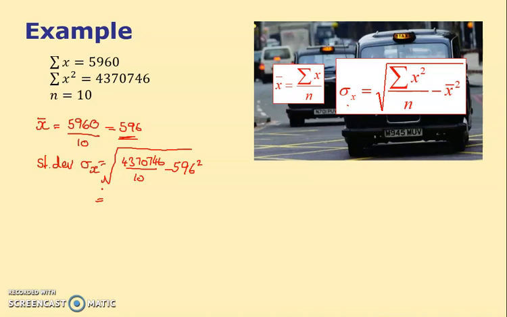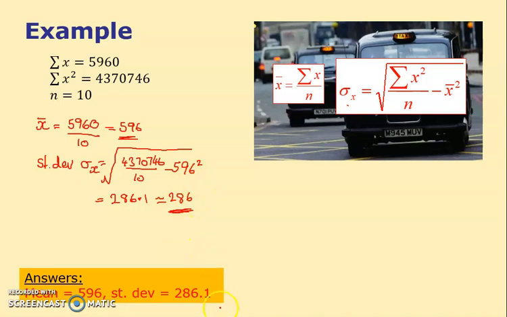So it's the square root of a fraction, 4370746 over the 10, and then minus the 596 squared. And I get 286.1. Now it probably said to 3 sig fig, so probably roughly equal to 286. And that is the standard deviation. After all that I wrote 286.1, but you can see it's right, and 596 is right as well.